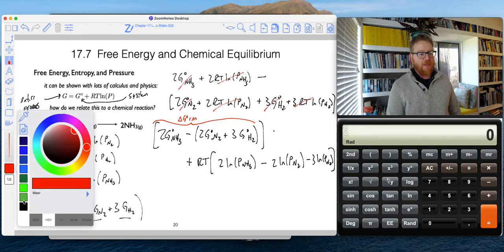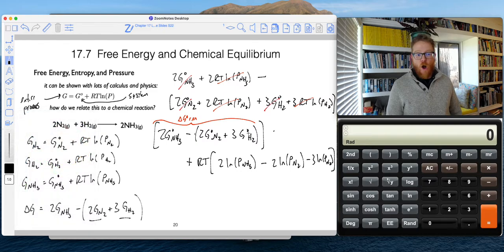So I'm going to replace all of this stuff with just delta G of reaction. And we recognize that all of that equaled the total delta G in the first place. So we're starting to see this equation is manifesting very similarly to how it was written originally, right? Delta G equals standard delta G of reaction, okay?